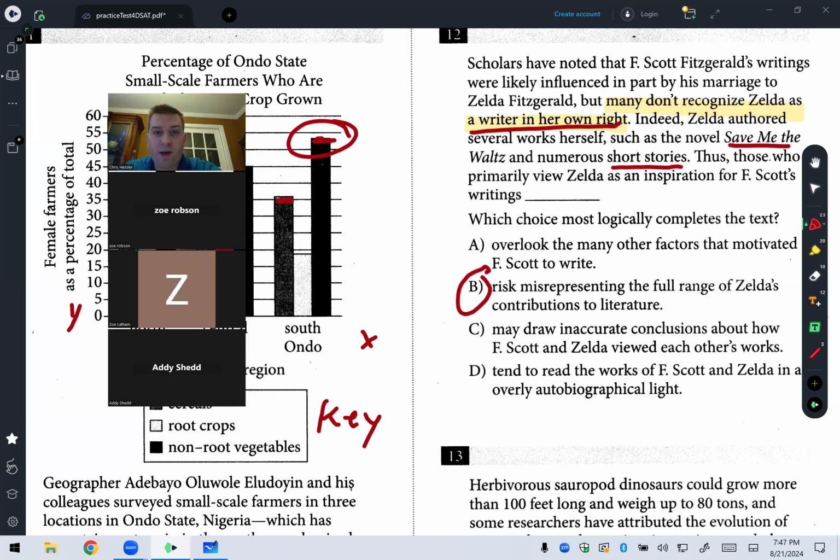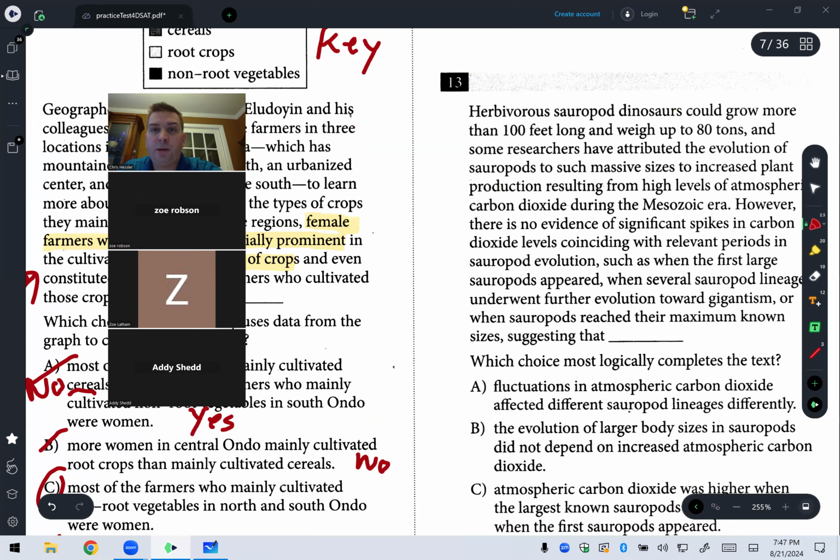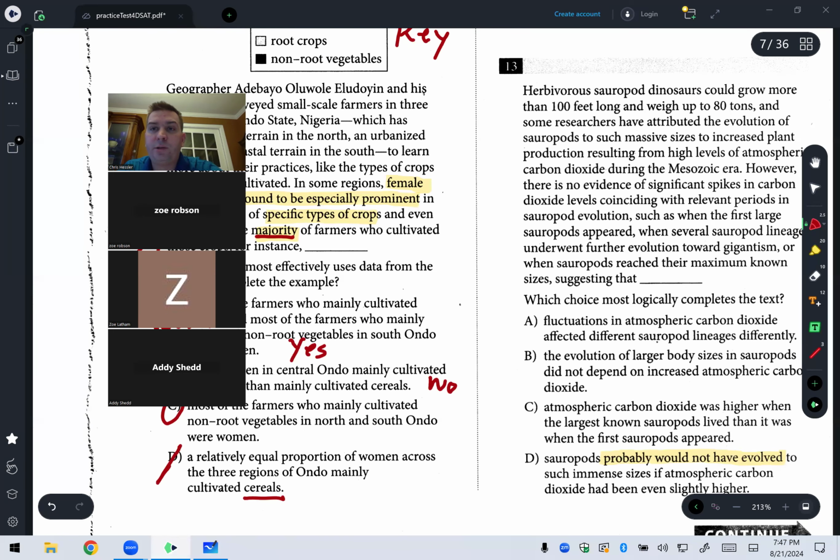On to a little science passage here at the bottom. All right, so I'm going to read about the herbivorous sauropod dinosaurs. Moving right along here, getting right through this test. Herbivorous sauropod dinosaurs could grow more than 100 feet long and weigh up to 80 tons, and some researchers have attributed the evolution of sauropods to such massive sizes to increased plant production resulting from high levels of atmospheric CO2 during the Mesozoic era.